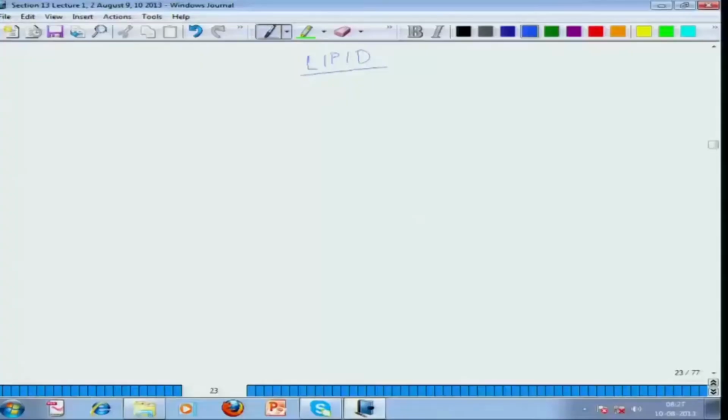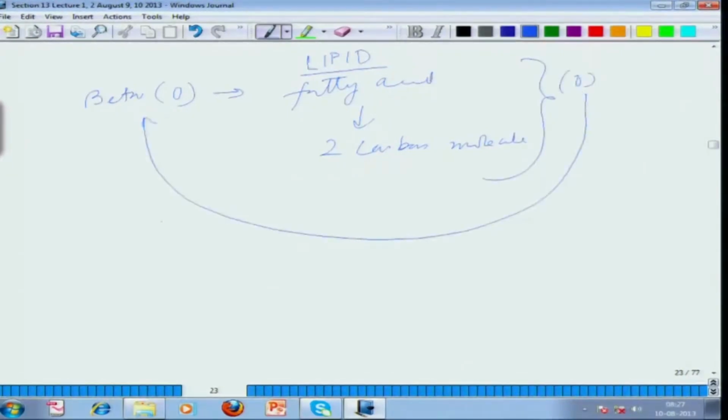So in the mitochondria now we'll be talking about lipid catabolism, which follows the beta oxidation pathway. Beta oxidation is where fatty acid molecules are broken down into 2-carbon fragments in a sequence of reactions. This whole process of oxidation is called beta oxidation, and it occurs inside the mitochondria.